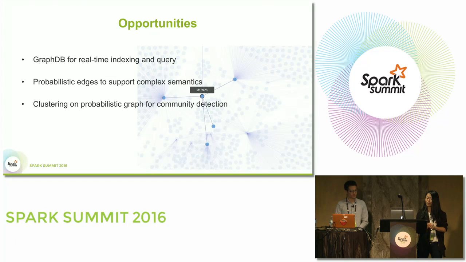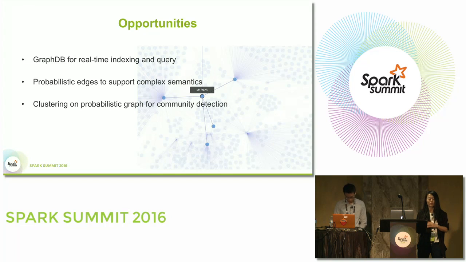Now, down the road, we have a number of very interesting, exciting opportunities to allow us to do a lot more with graphs and with security intelligence management. GraphX itself is a computing engine, and to allow us to have real-time or near real-time updatable and queryable databases, we plan to look into graph databases.